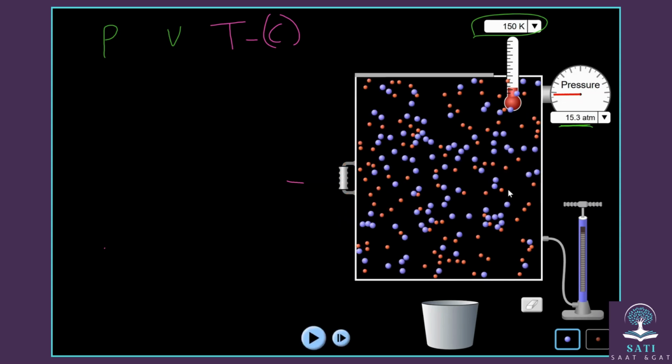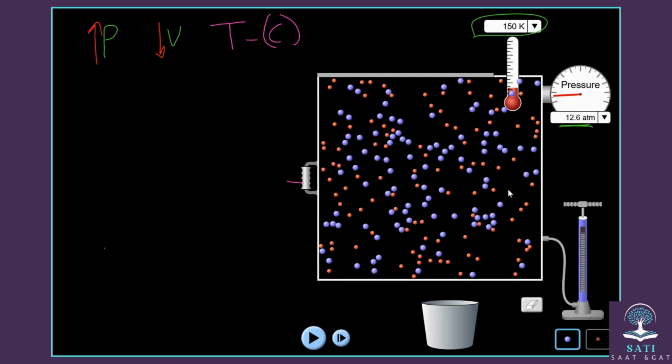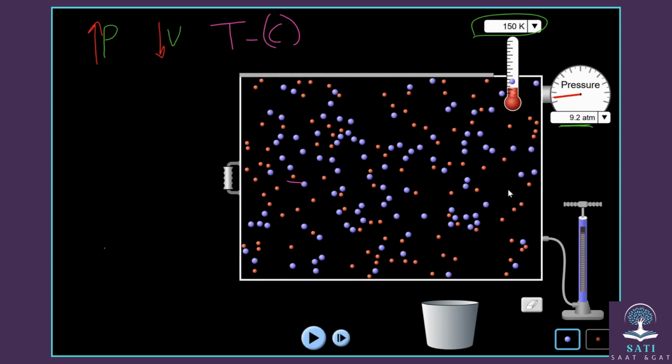As you see, it increases. So that means the pressure increases when the volume decreases. Okay, what about if I increase the volume? If I increase the volume, what happens to the pressure? So as you see, when we increase the volume, the pressure will decrease. The pressure will decrease. Okay.